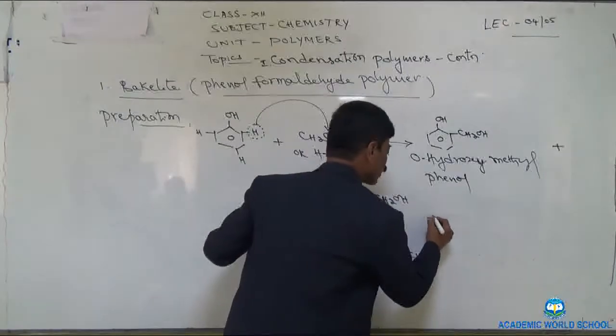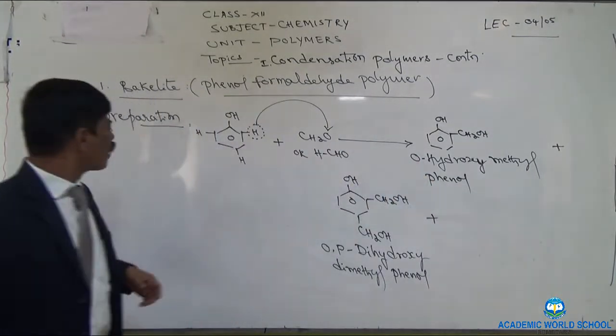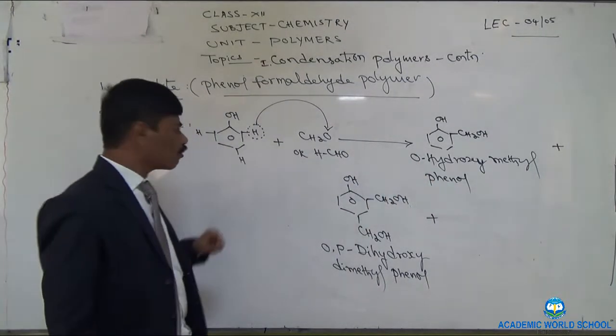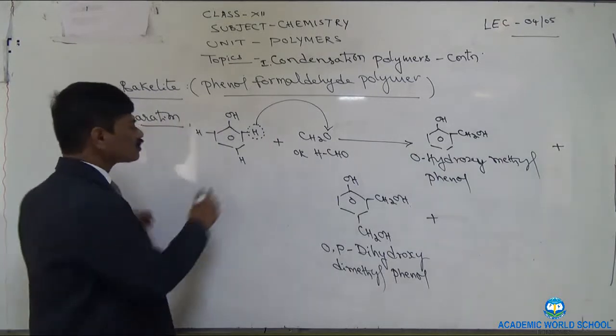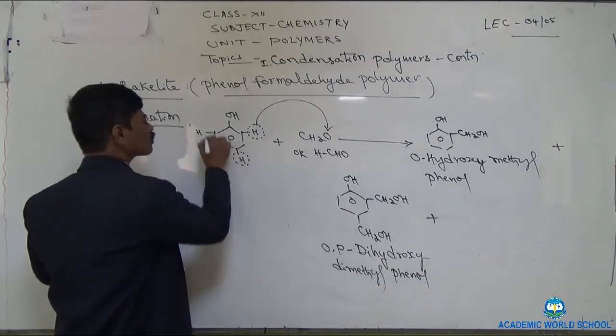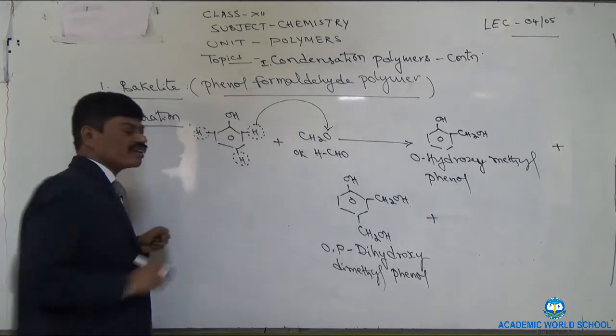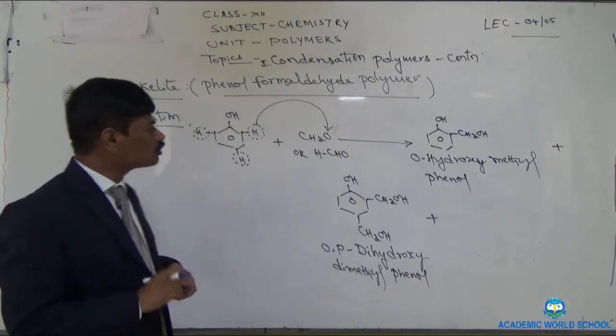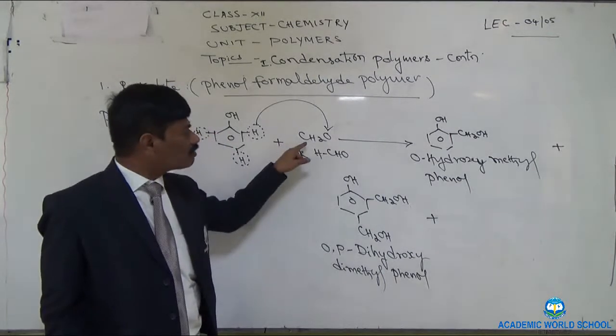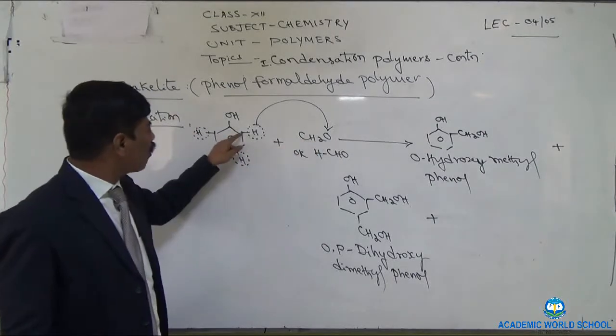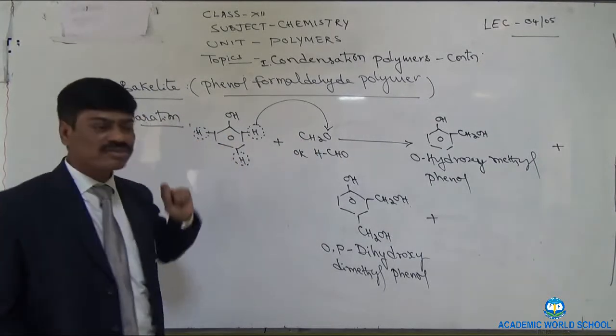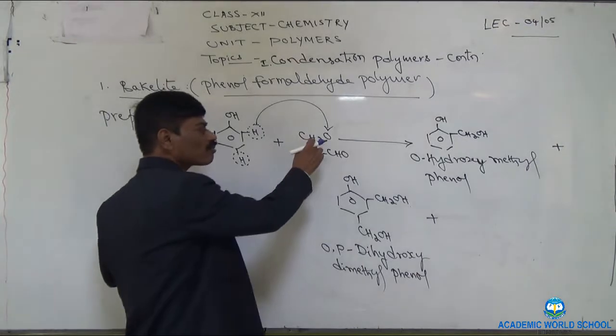Now, third product. Come back to the reactants. Now, from phenol, all the three hydrogen atoms simultaneously are substituted by three CH2O groups. Means all these three hydrogen atoms are connected to three formaldehyde molecules.